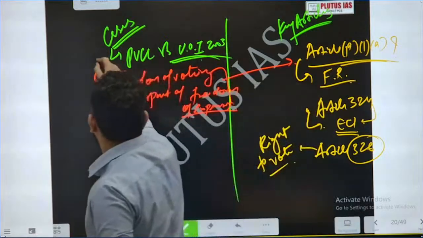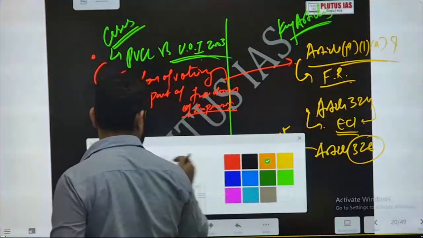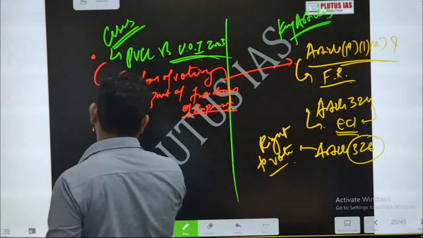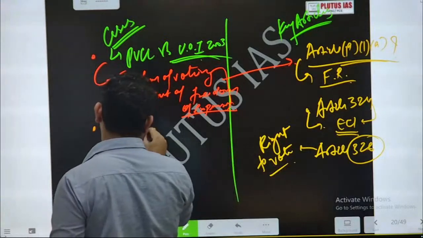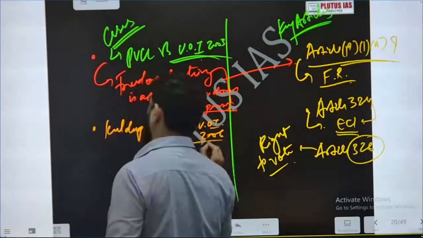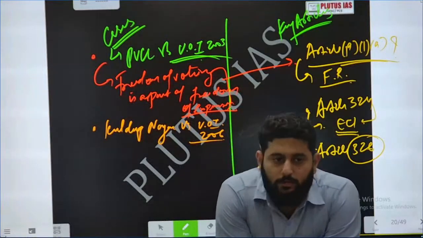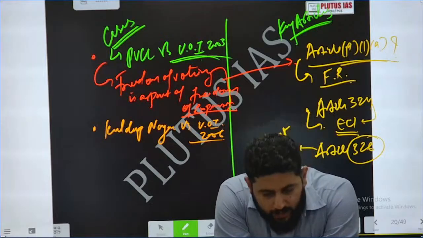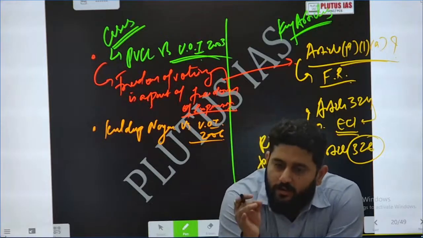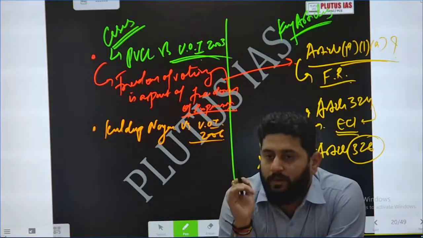Okay, let me write first. Next. Kuldeep Nayar versus Union of India case 2006 upheld that voting rights are statutory, but voting secrecy is fundamental.